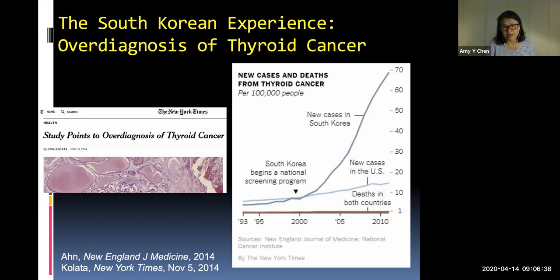So in South Korea, they began a national screening program around the year 2000, as you can see in this diagram, and the cases just skyrocketed disproportionately to the rest of the world. And so this was published not only in the New England Journal of Medicine, but also in the New York Times.